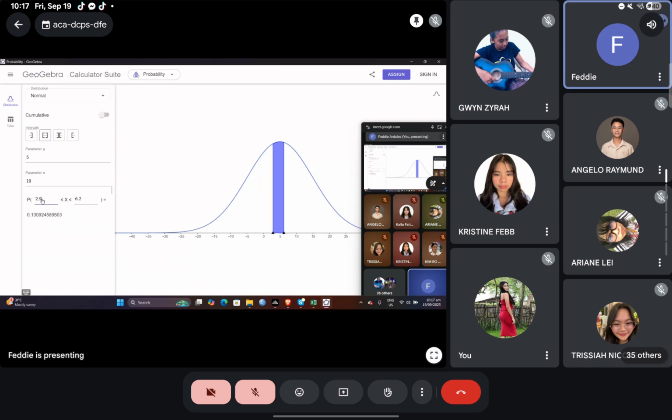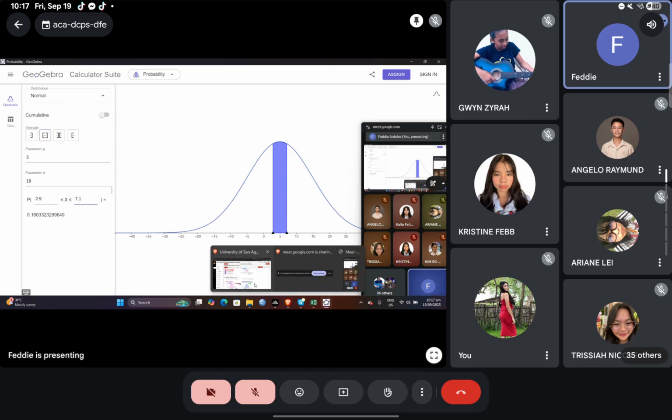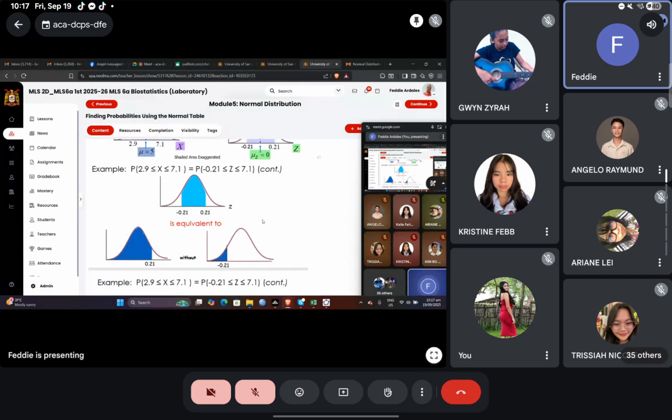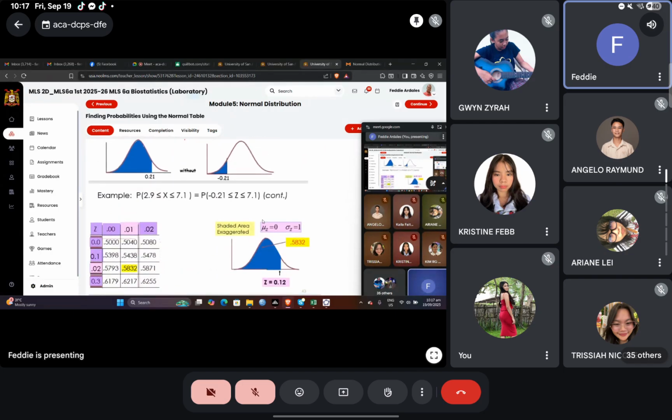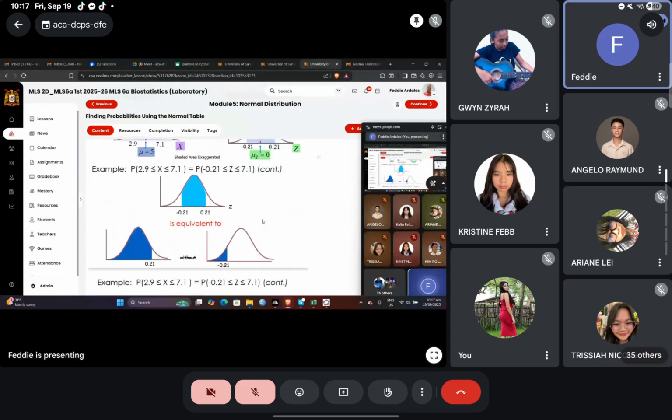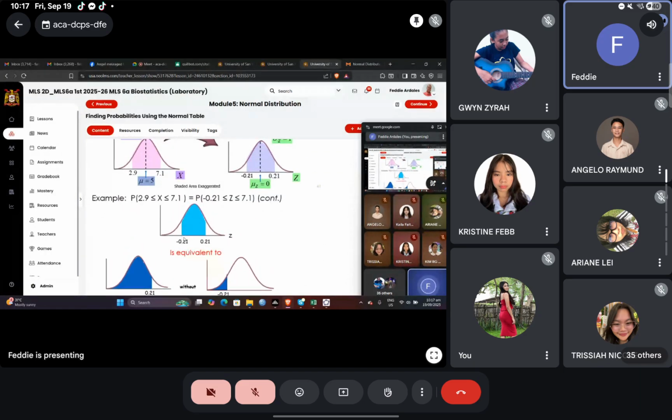The process here is getting the values between negative 0.21 and positive 0.21.